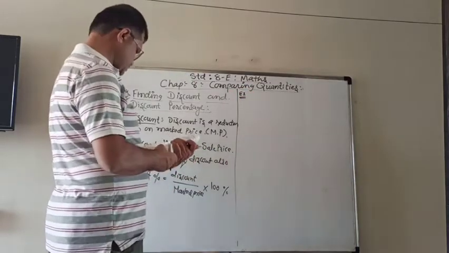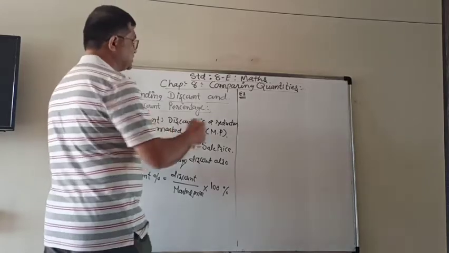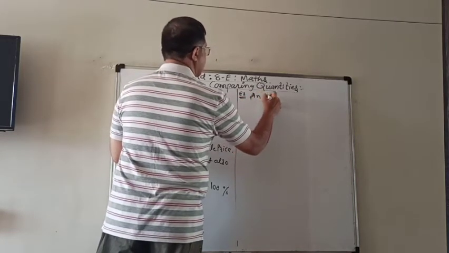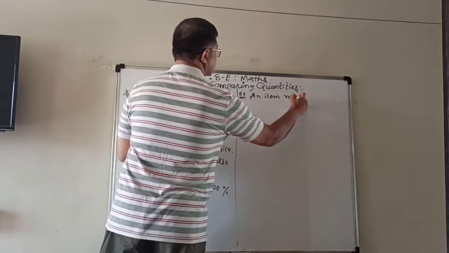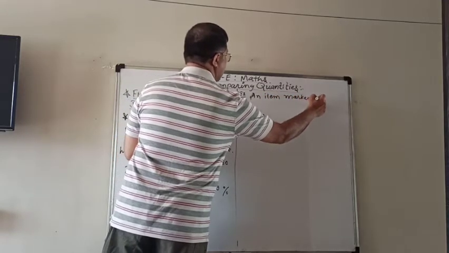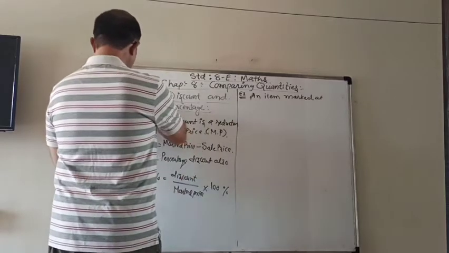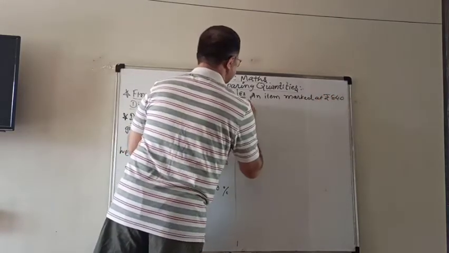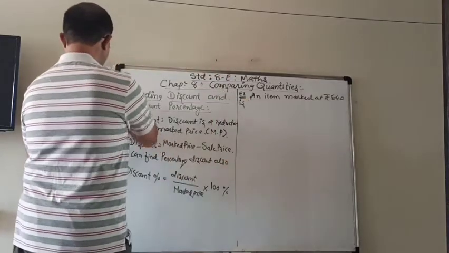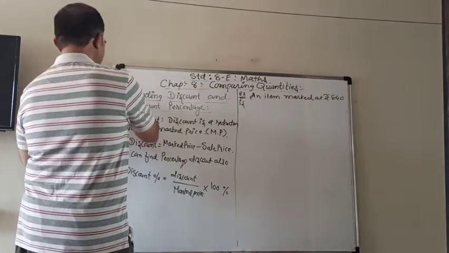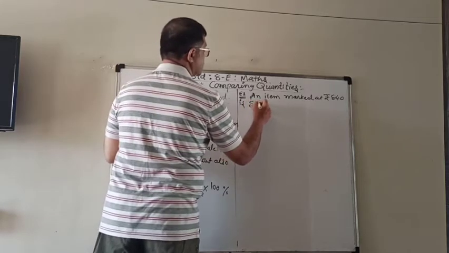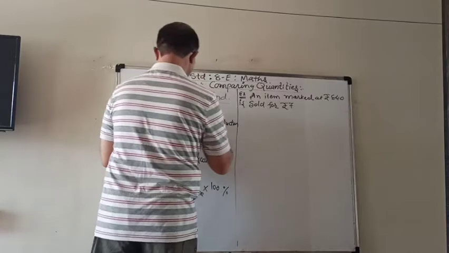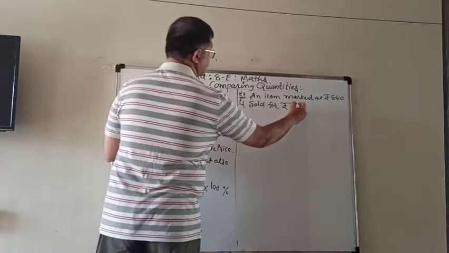What does it say? An item marked at rupees 840 is sold for rupees 714.